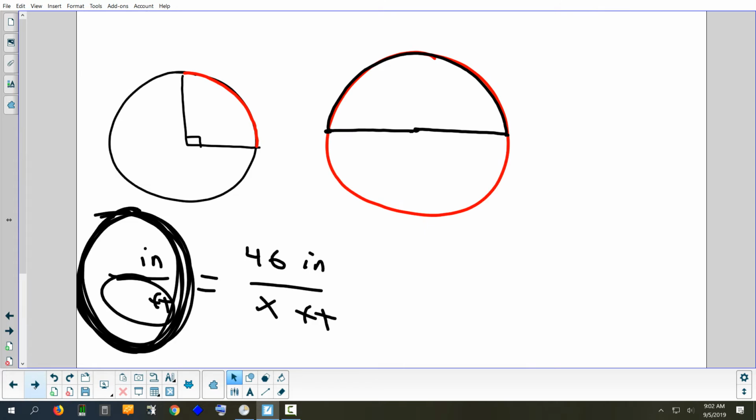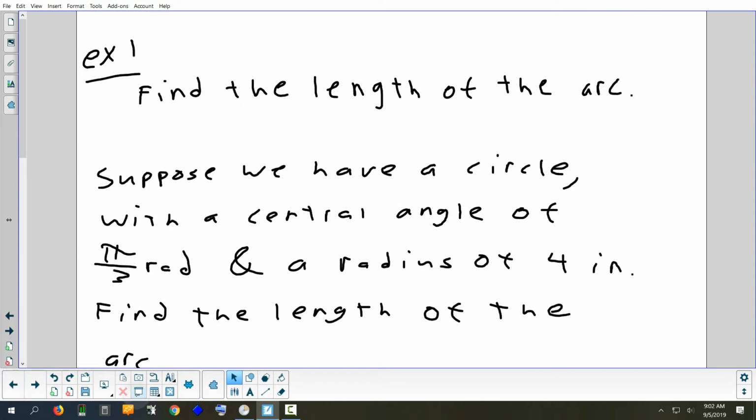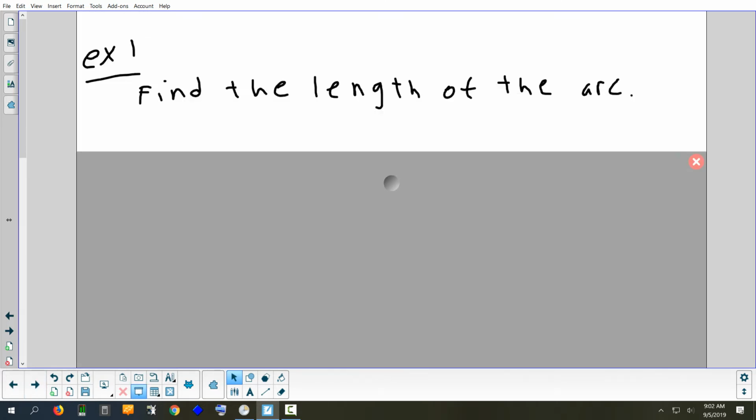All right, so let's try this one. This problem is asking us to find the length of the arc. Right, so Alyssa, if they're asking me to find the length of the arc, what letter do we usually use for that again? S. Yep. So when we write our formula, we're going to be solving for S. So that means they're going to give me R somewhere, and they're going to give me the angle.